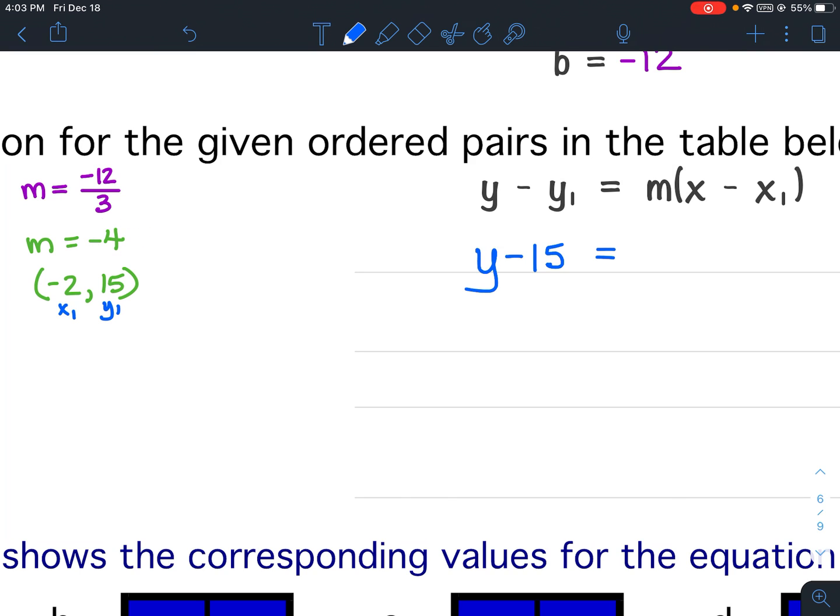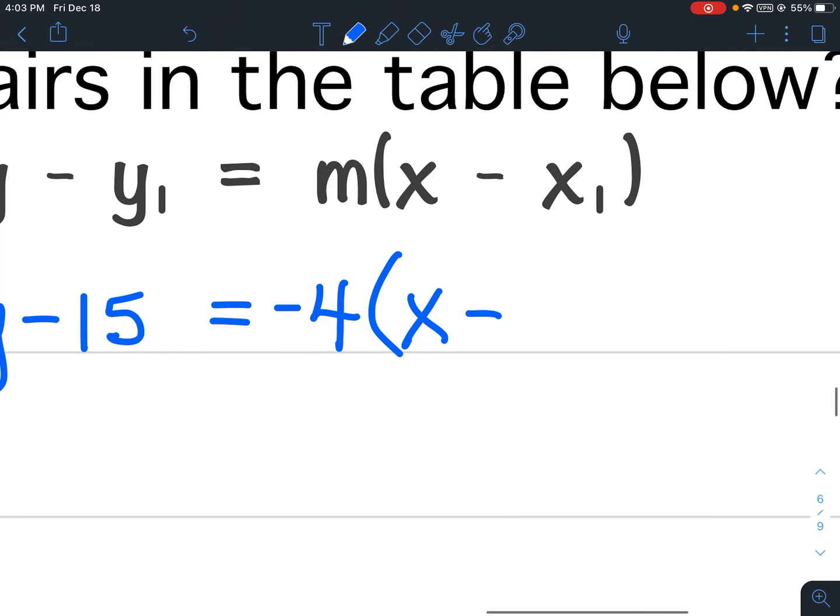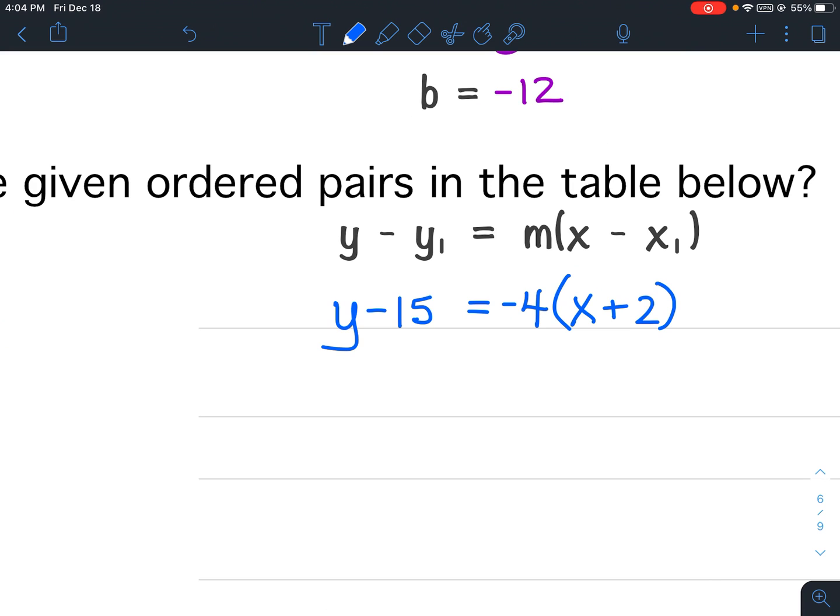Right here's my slope, negative 4, times x minus. Now there's two ways to do this. x1 is negative 2. So you could either put negative 2 in parentheses like that, or you could just know that the double negatives is going to become positive. So instead of putting minus negative 2, I'm going to write it as plus 2. I don't care which way you do it.